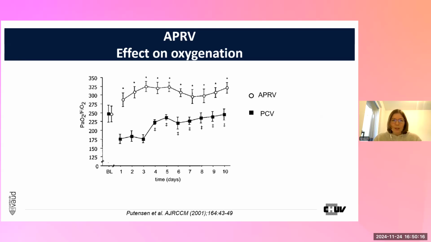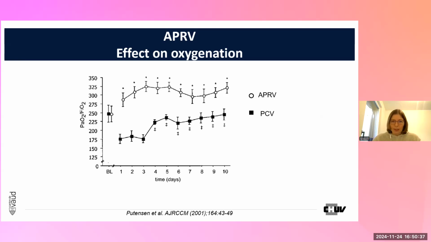Unfortunately, in this recent study, the patients are still quite deeply sedated, and there is very little spontaneous breathing in the early days, even in the BIPAP group, and probably this explains why they could not find any advantage on outcome.